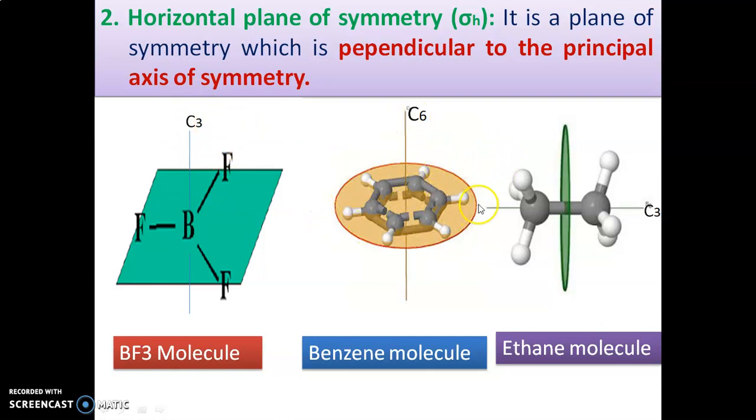Benzene is also a planar molecule, with C6 as the principal axis. Ethane has C3 as the principal axis. Here, look, this plane is perpendicular to the principal axis, this plane is also perpendicular to the principal axis, and this plane is also perpendicular to the principal axis. So these planes are sigma h, the horizontal planes of symmetry.